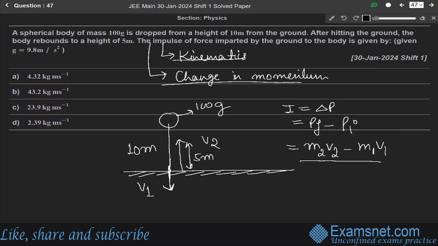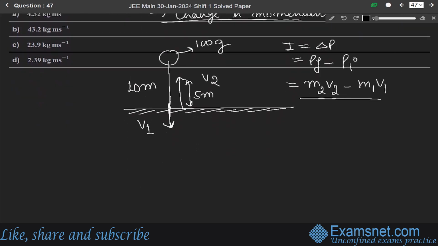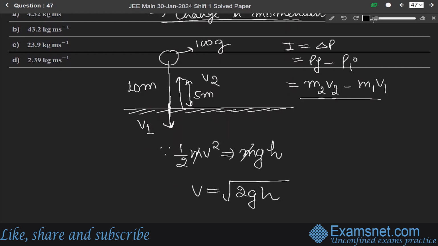Since the mass of the body is the same, just write v2 minus v1, and the energy is mgh. Since half m v square is mgh, the m cancels out, so v equals under root of 2gh. So since the mass is the same, we will get m times v2 minus v1.